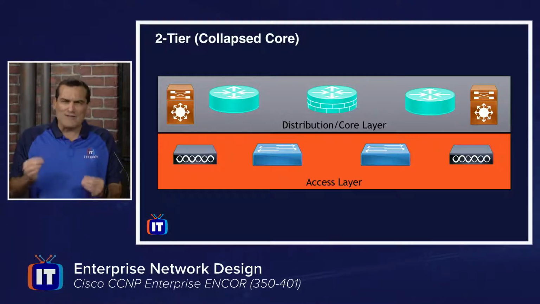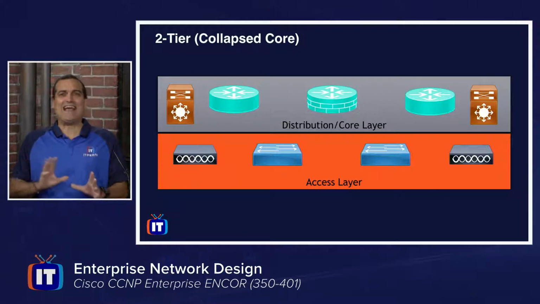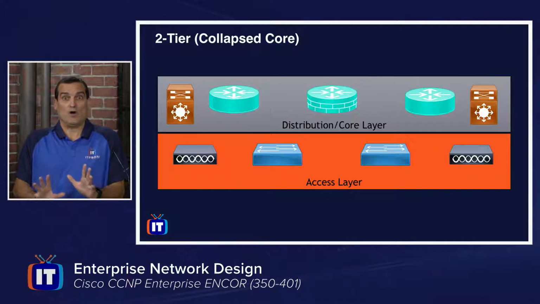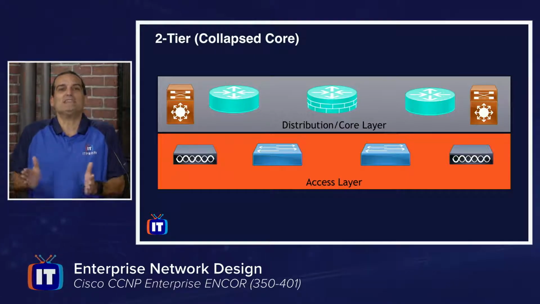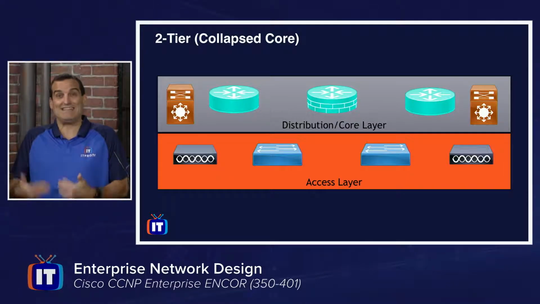In a smaller infrastructure, it's not as critical for you to say, oh, we can't do QoS at the core, we can't do security at the core. It's just not that critical. In a smaller network infrastructure, the segmentation of those jobs isn't as critical.